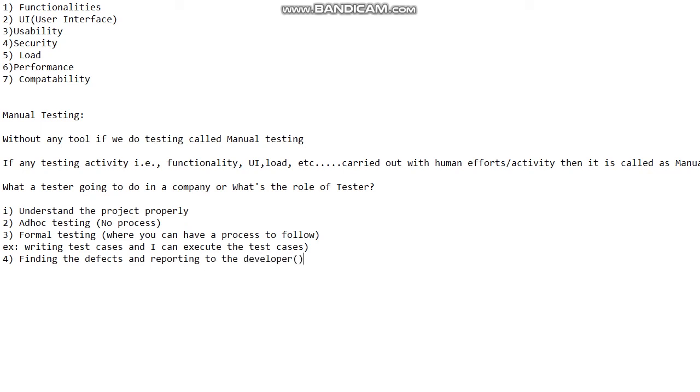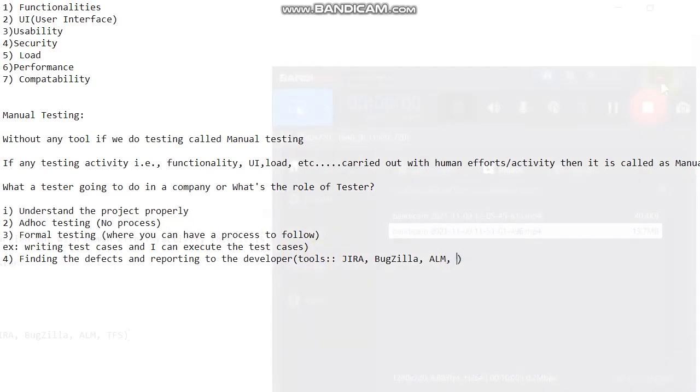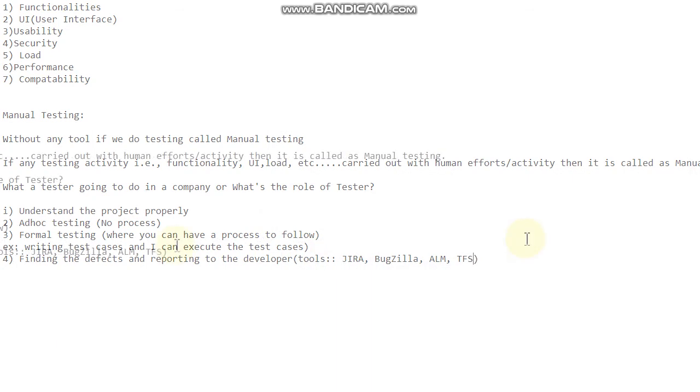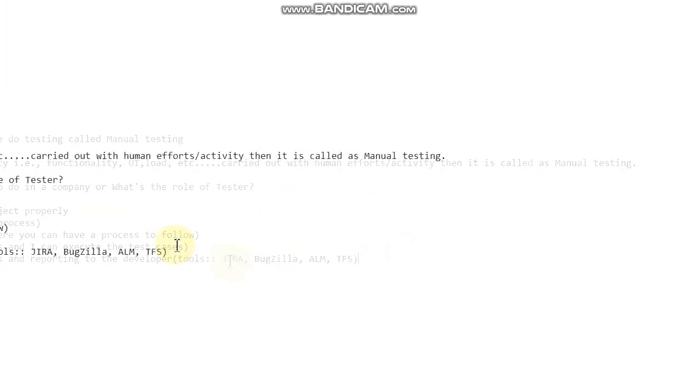Here also we can use defect tracking tools like Jira, ALM, Bugzilla, or TFS as well. I can cover these four tools in our next upcoming video from our channel.